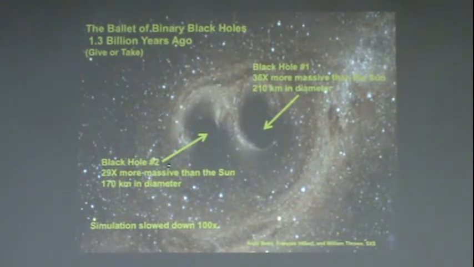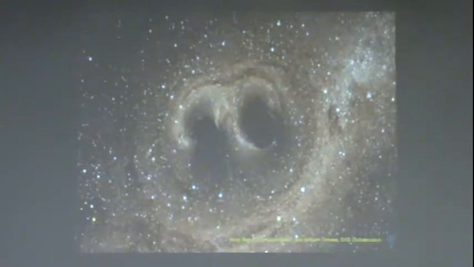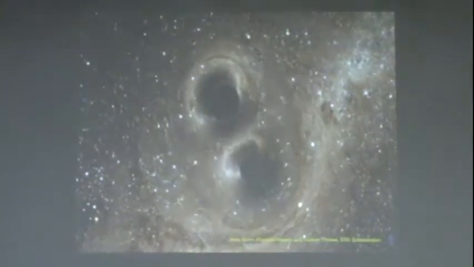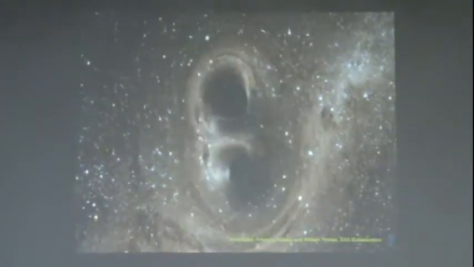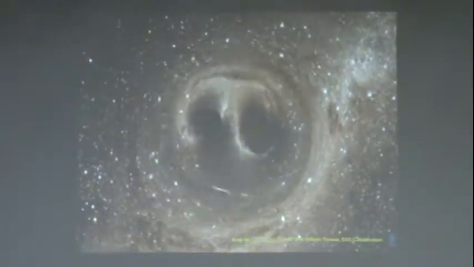What did we see? We saw two black holes merging. One was 36 times the mass of the sun, the other was 29 times the mass of the sun. And the simulation I'm going to show you was slowed down by a factor of 1,000. And by the way, this simulation is not a Hollywood or an artist simulation. It's actually solving Einstein's equations on a computer and then rendering them together.